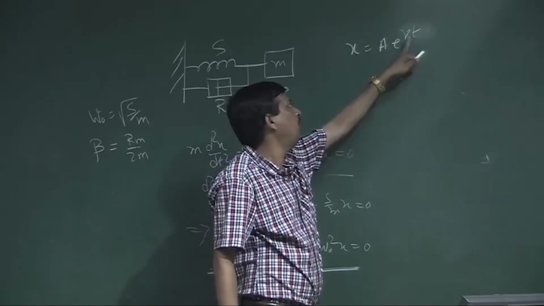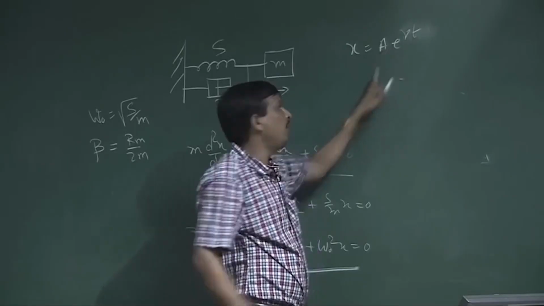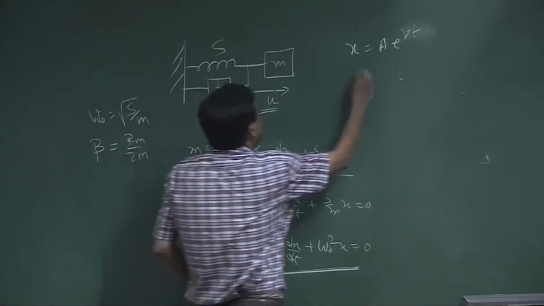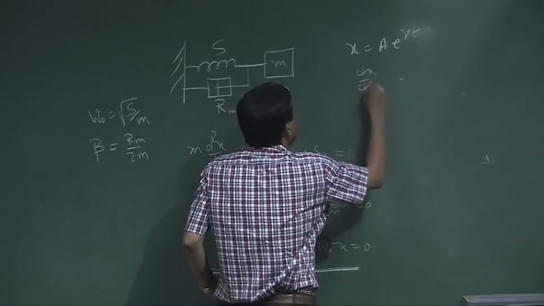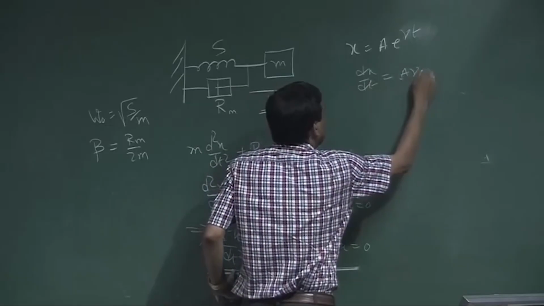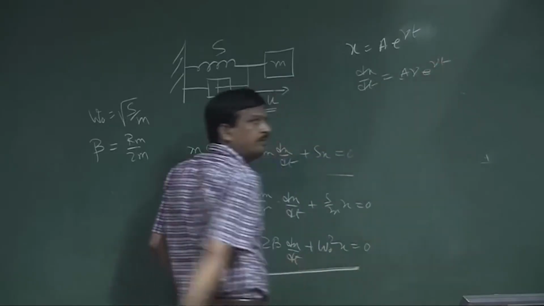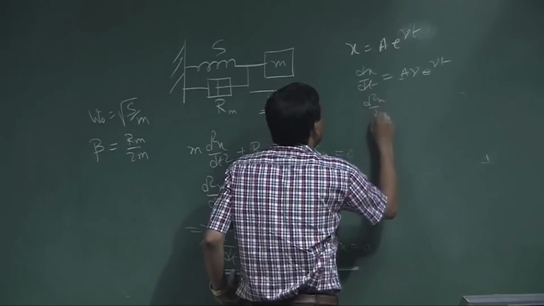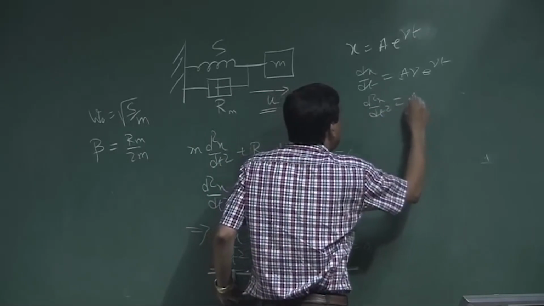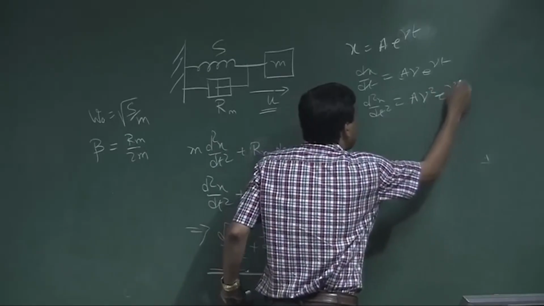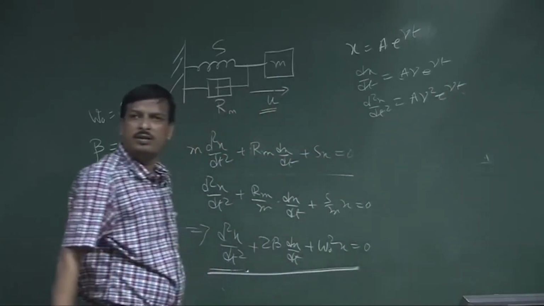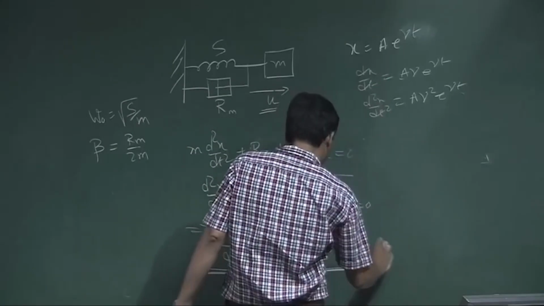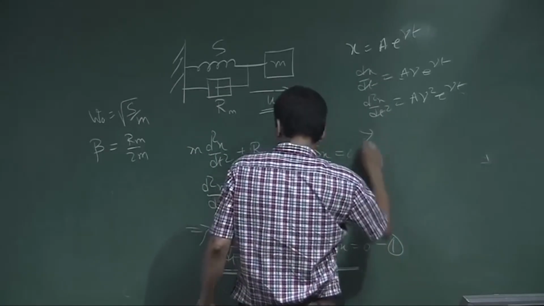So, I have to find out the value of gamma and a. Now, if this is the solution, it must satisfy this equation. So, what is dx by dt? It is a gamma e to the power gamma t. What is d2x by dt square? It is a gamma square e to the power gamma t. Now, if I put these into equation number 1, what will I get?